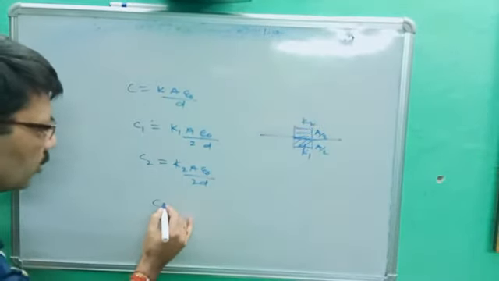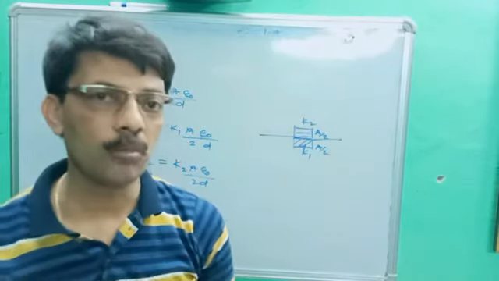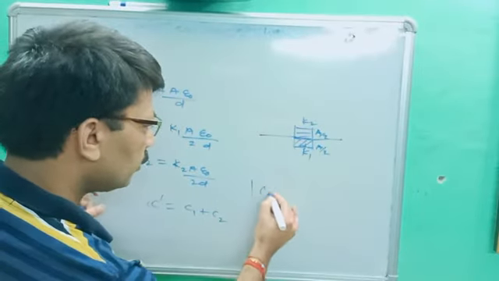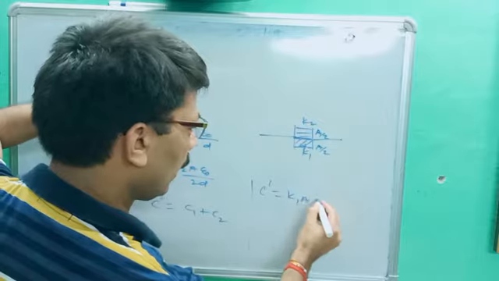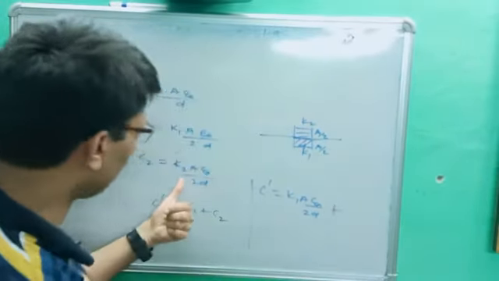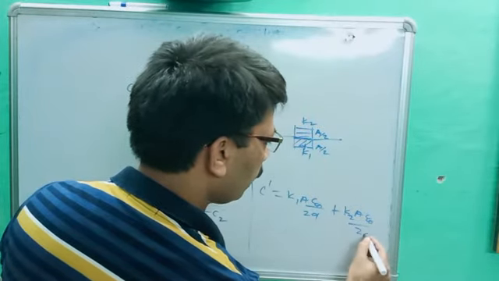So we can write the formula: C dash is equal to C1 plus C2. You better know this is the formula for parallel, C1 plus C2. So C dash is equal to K1 A epsilon naught upon 2D plus K2 A epsilon naught upon 2D.